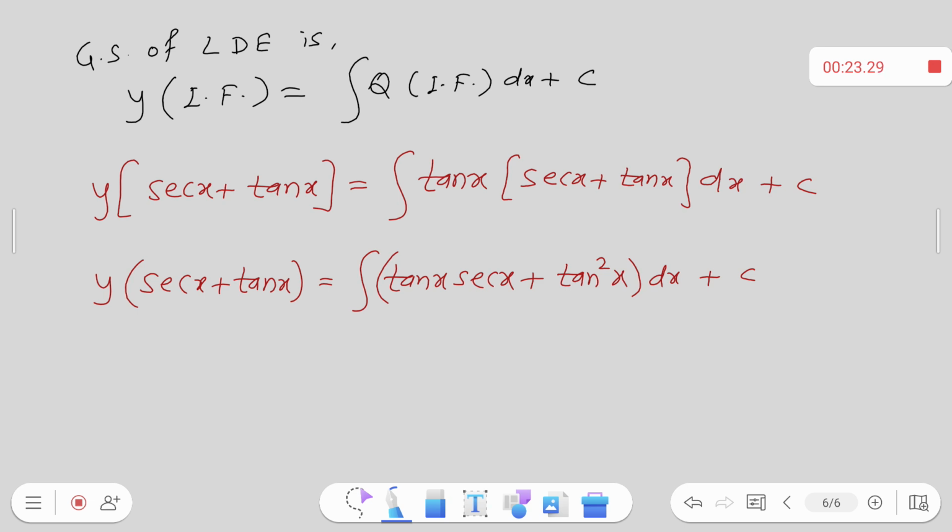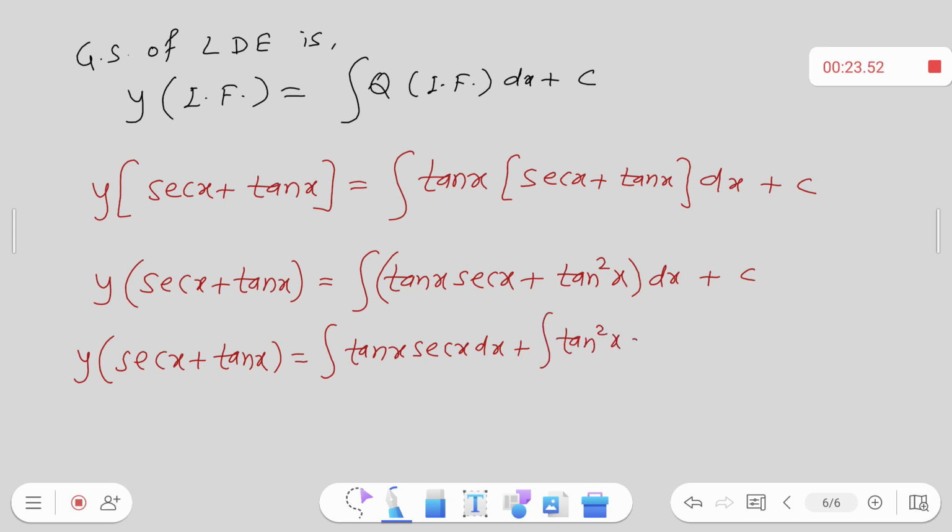What is the integration of tan x into sec x? So y into sec x plus tan x is equal to integration of tan x sec x dx plus integration of tan square x dx plus some constant of integration.